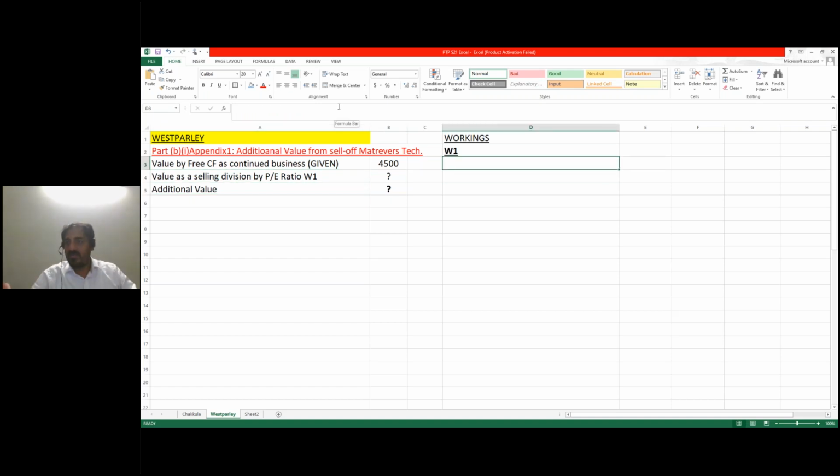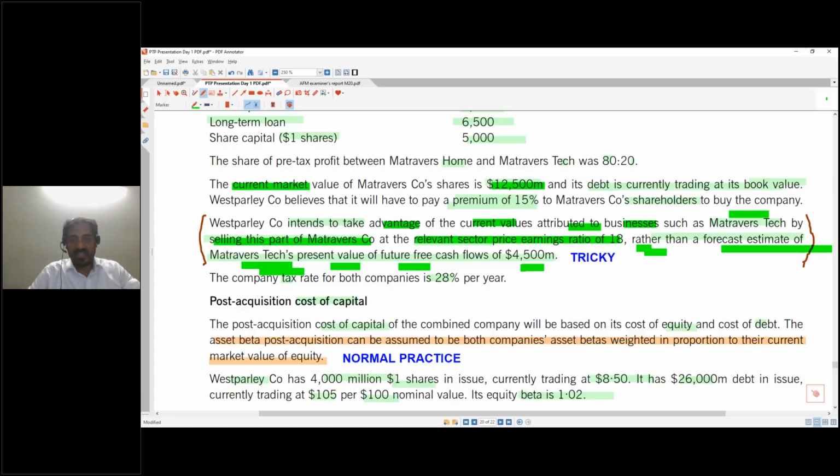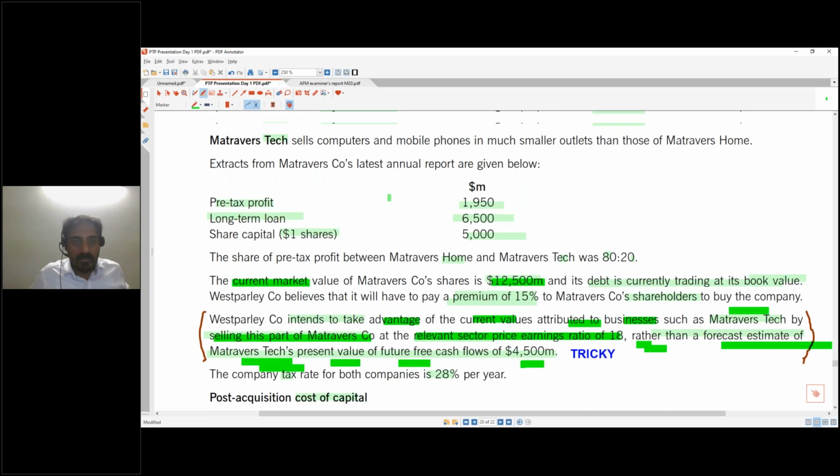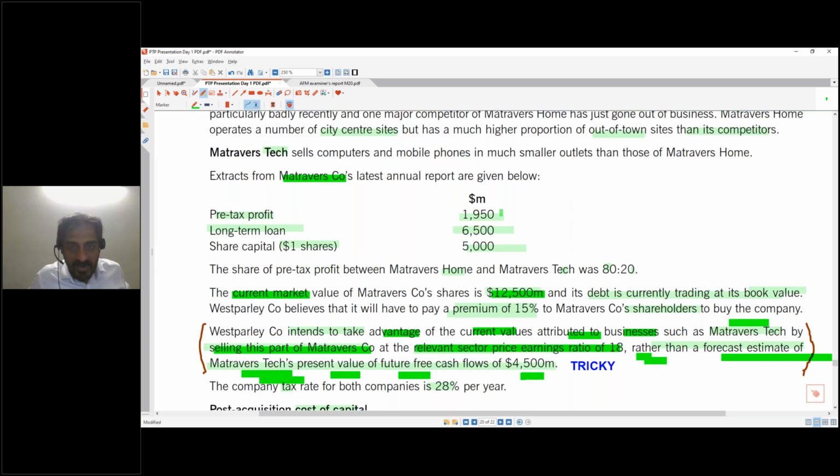Now about the P/E ratio. How to value by the P/E ratio? You know very well. First of all, we have to work out the profit after tax share. The Metaverse company's profit before tax is 1,950, and the profit sharing between Home and Tech is 80-20.